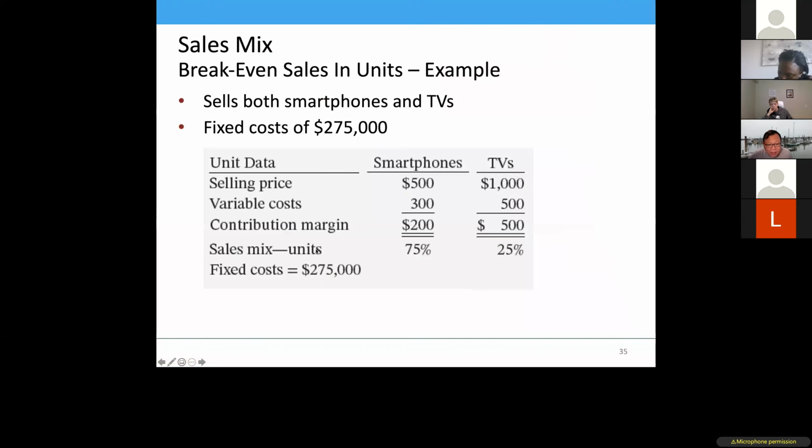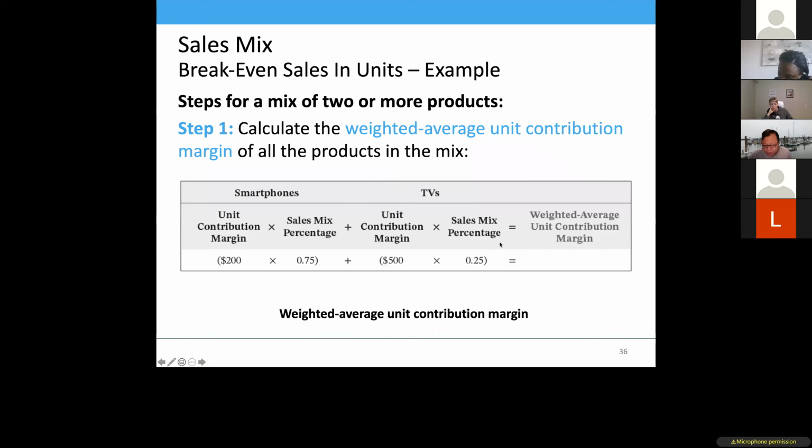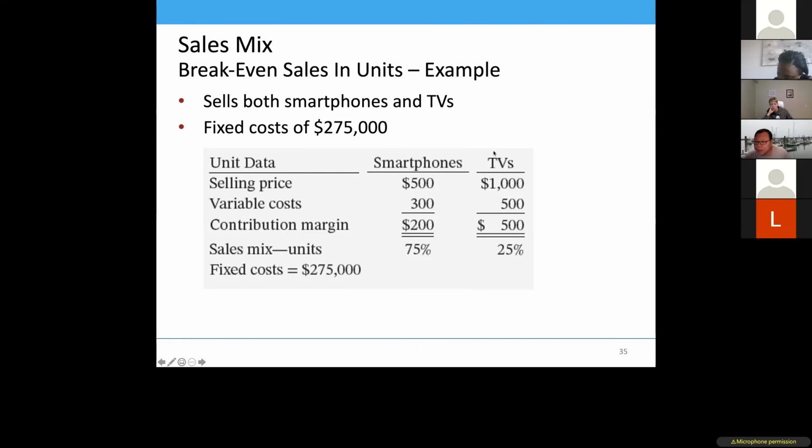The sales mix will be 75% smartphones and 25% TVs. That's the sales mix. So for every 3 smartphones, you have 1 TV.